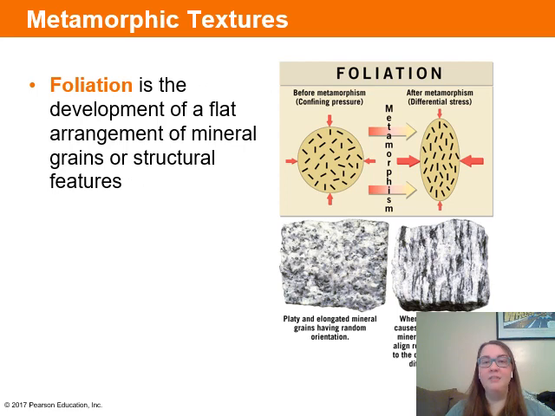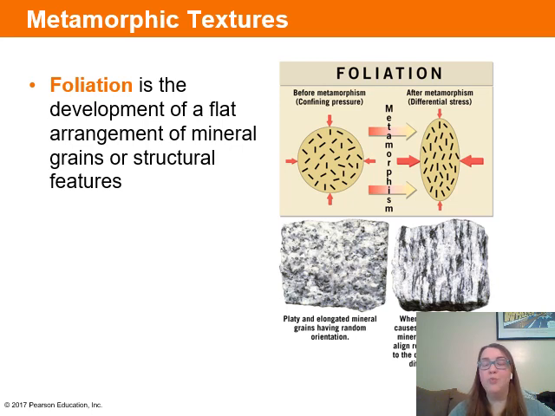So when we have that differential stress, where we're applying pressure in one direction more than all of the rest, it's going to lead to something called foliation to develop. In foliation, we're just causing the minerals to line up in one overall direction. So, for example, here on the left, we're looking at a form of diorite, that black and white intermediate igneous rock.